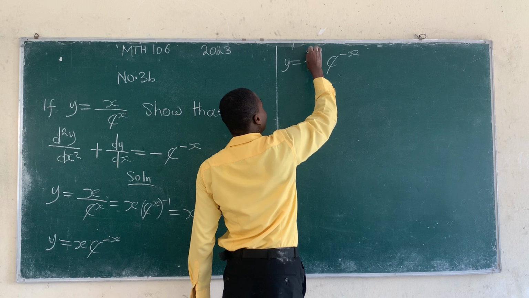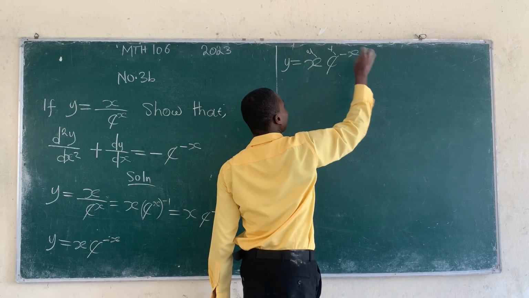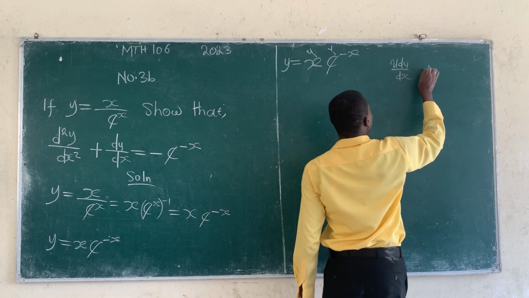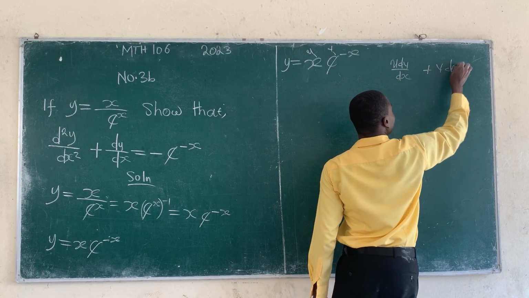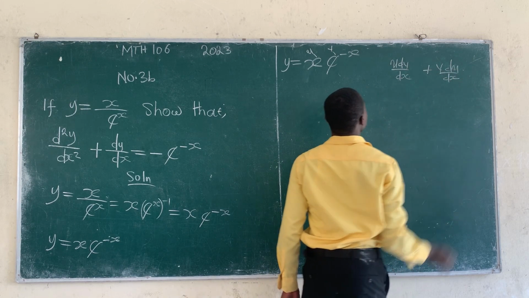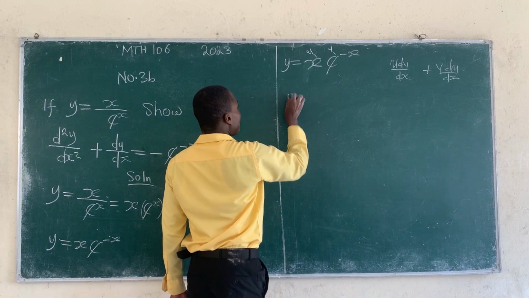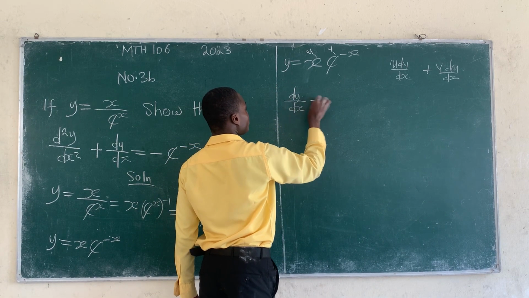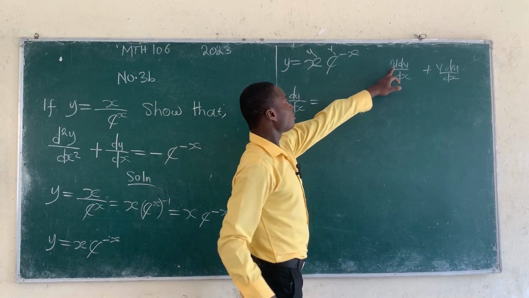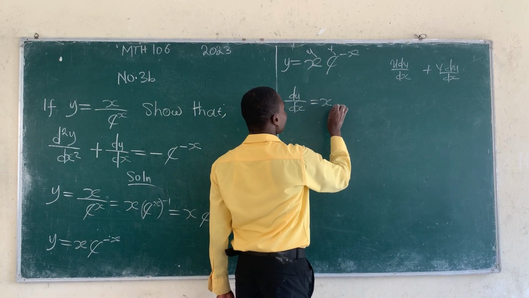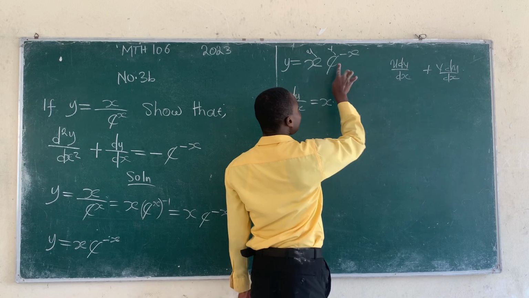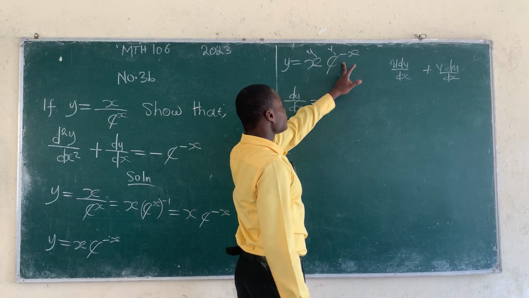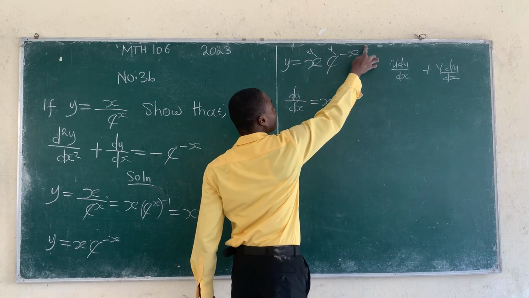This is our u and this is our v, and the product rule says u dv dx plus v du dx. So dy dx must be equal to u, which is x, times dv dx. Dv dx simply means differentiate exponential minus x. How can you differentiate an exponential function? First of all, differentiate the power.